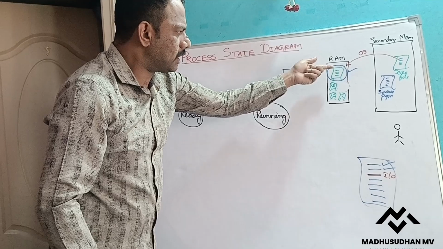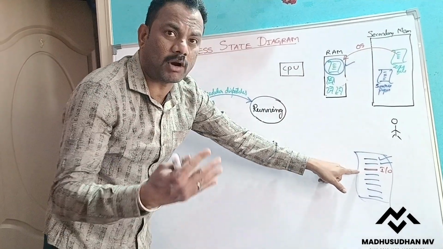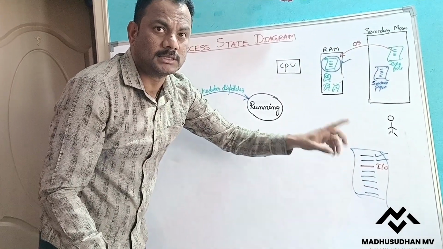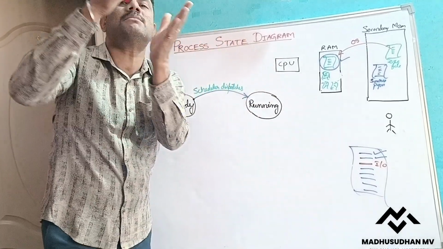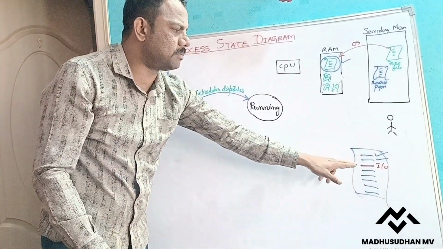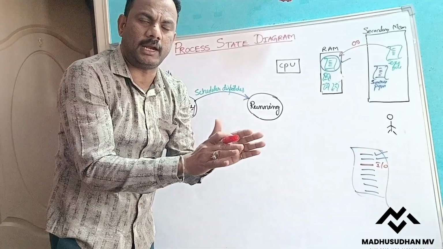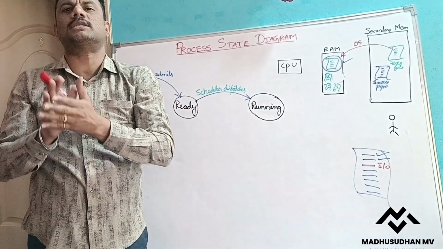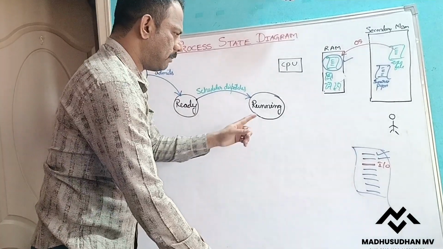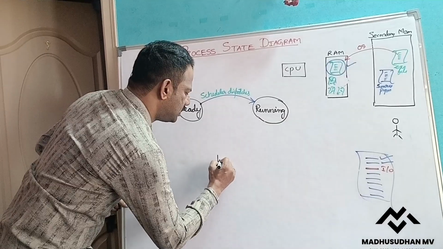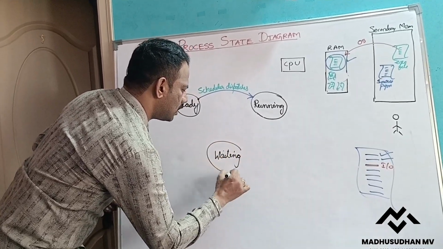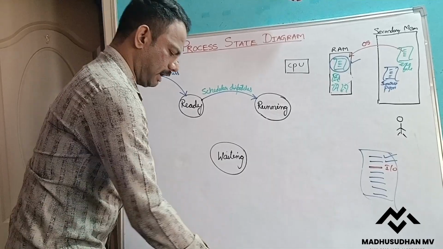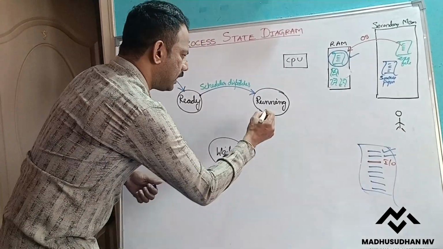Assume the IO device is already busy with some other process. Now our running process has to wait until that IO device becomes free. So from the running state, it goes to the waiting state.